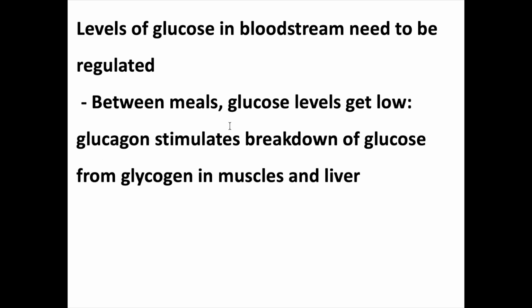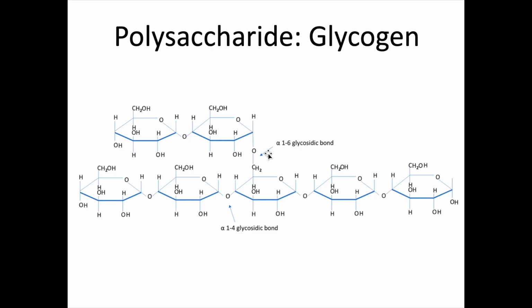However, between meals, your glucose levels are going to get low. And again, low glucose is also a really bad thing. So a different hormone called glucagon stimulates the breakdown of glucose from glycogen in these muscles and liver. So when you don't have enough glucose, you're going to start chopping glycogen up in order to release some of that glucose into the bloodstream.